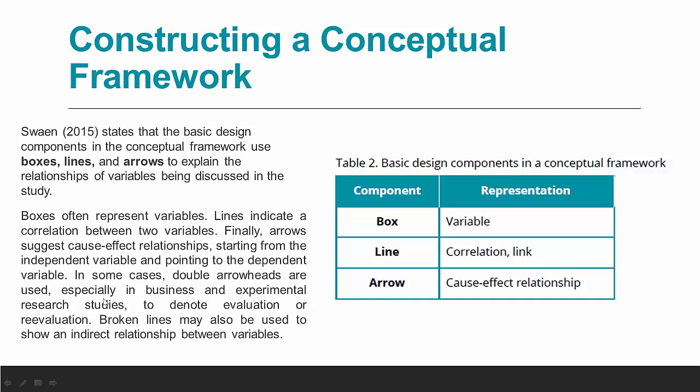Take note, double arrowheads are used specifically in business and experimental research studies. Why is it denoted evaluation or re-evaluation? It goes back and forth. So in your research, you have a result right away if we are talking about quantitative research.